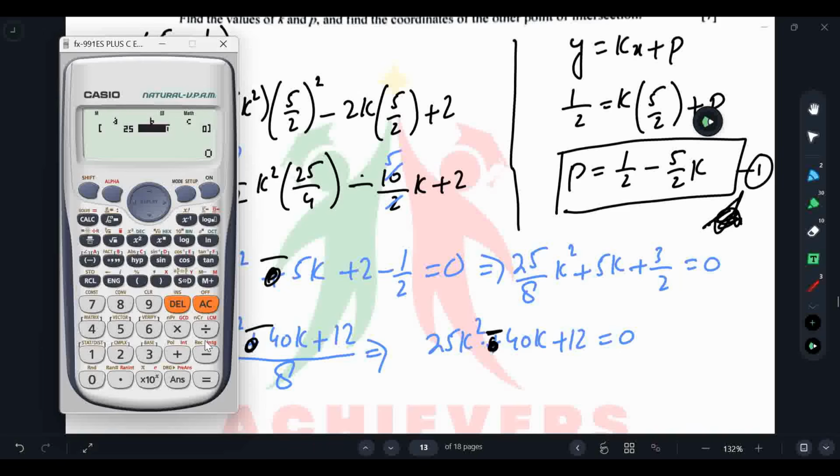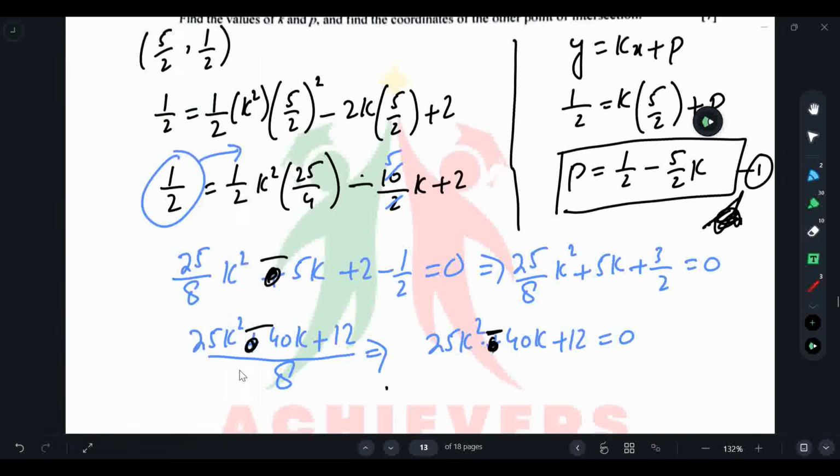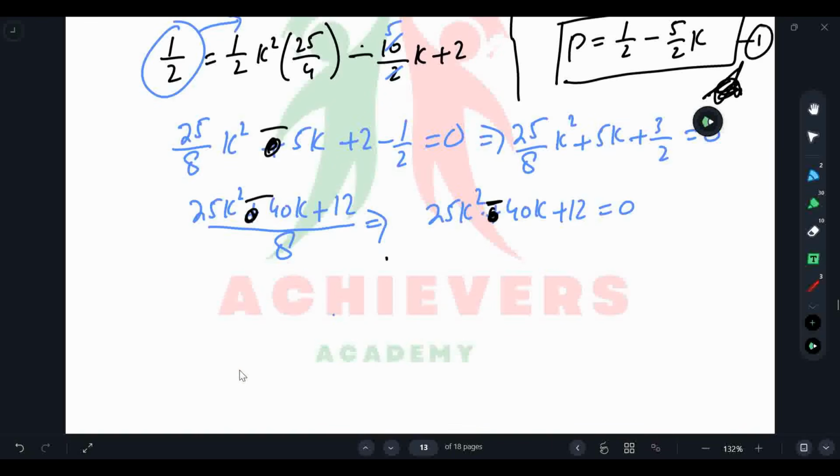So b is minus 40 and then c is 12. So we will have the values 6 by 5 and 2 by 5. So we have two values of k. So k is equals to 6 by 5 and k is equals to 2 by 5.